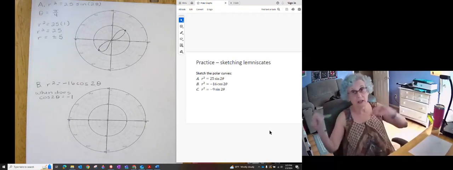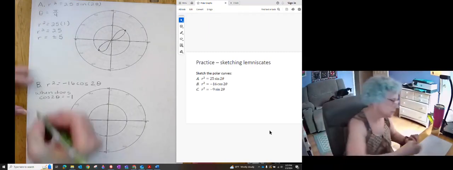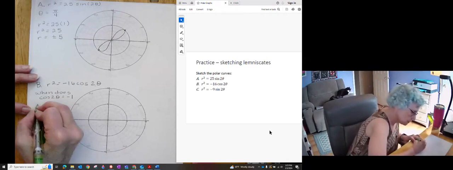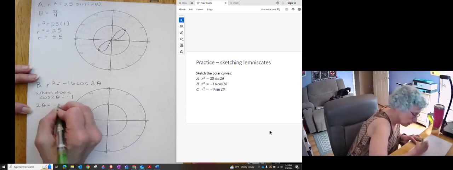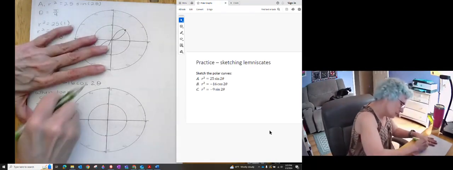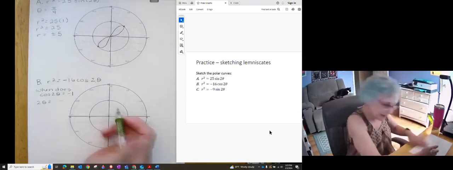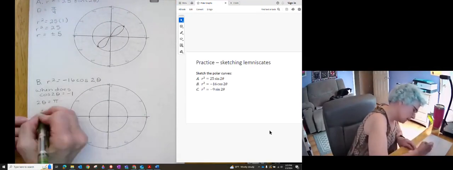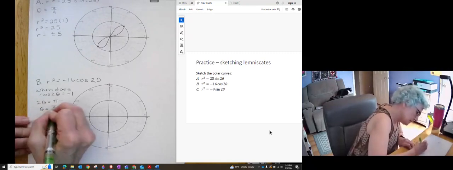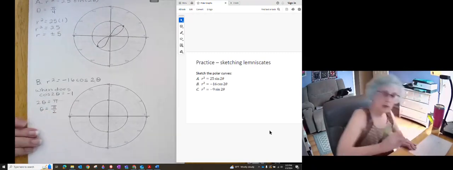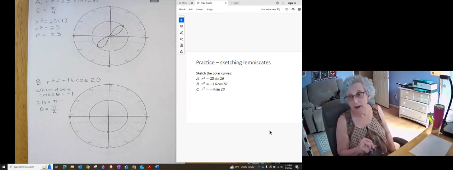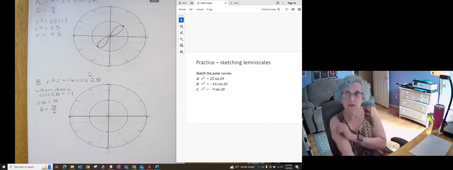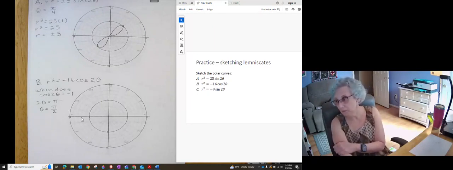Then I can have negative times a negative gives me a positive. Well, cosine of 2 theta equals negative 1 when 2 theta equals pi. So when theta equals pi over 2. So now you finish it and sketch your graph, and you should be able to figure out what to plug in for C also. So we'll come back and we'll compare both of those.